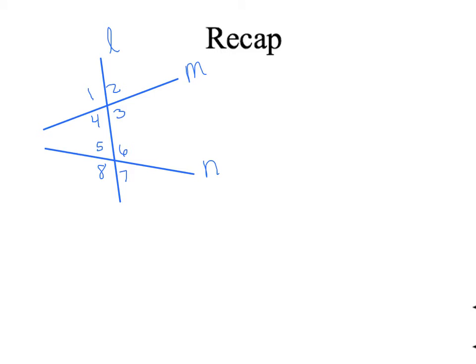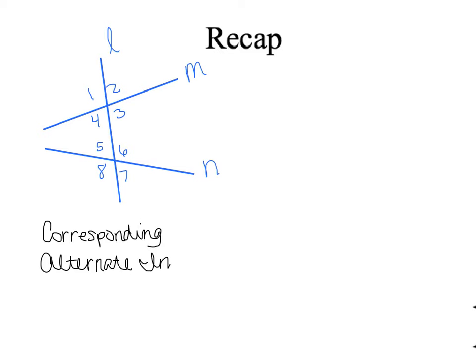Then certain angles had certain relationships or were placed in certain positions. And we said that angles 1 and 5 were corresponding. Let me just list them. We had corresponding angles, alternate interior, alternate exterior, and same side interior.